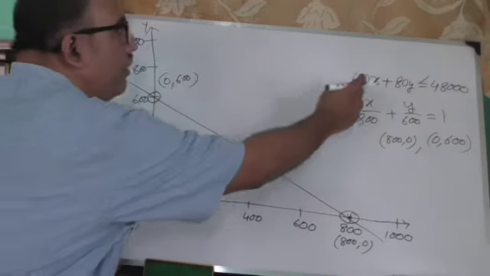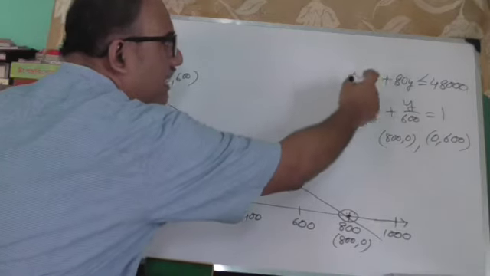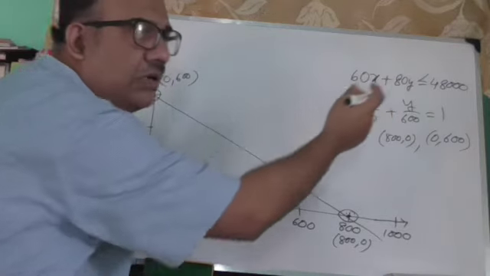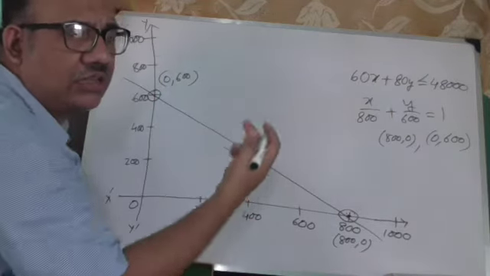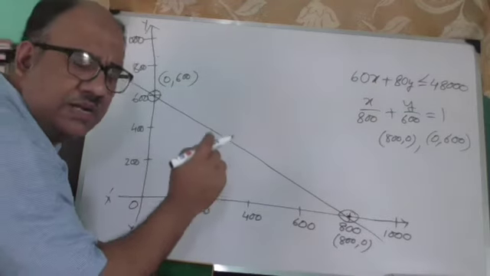If we put x as 0 and y as 0, the left hand side becomes 0, so 0 is less than or equal to 48,000. Is that statement true? Yes, it is true.